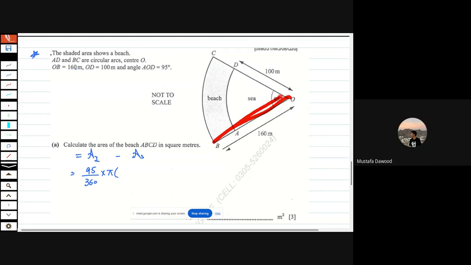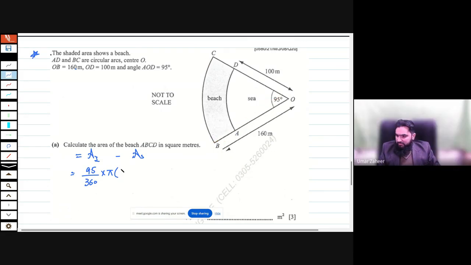So it is 160 whole square, using the formula angle divided by 360 into pi r square for the area of a sector. Minus the same angle divided by 360 into pi into the radius, and the radius is 100 square. When you subtract the smaller area from the bigger area, you get just this part.